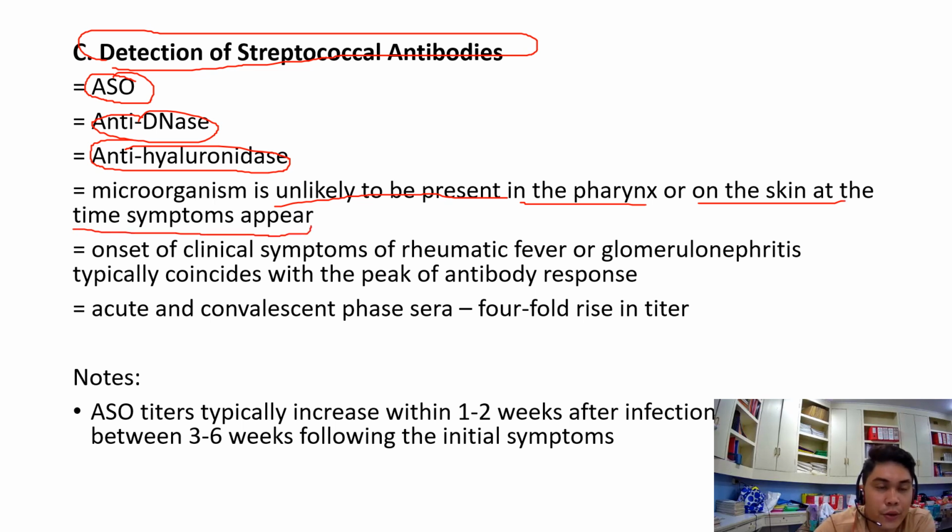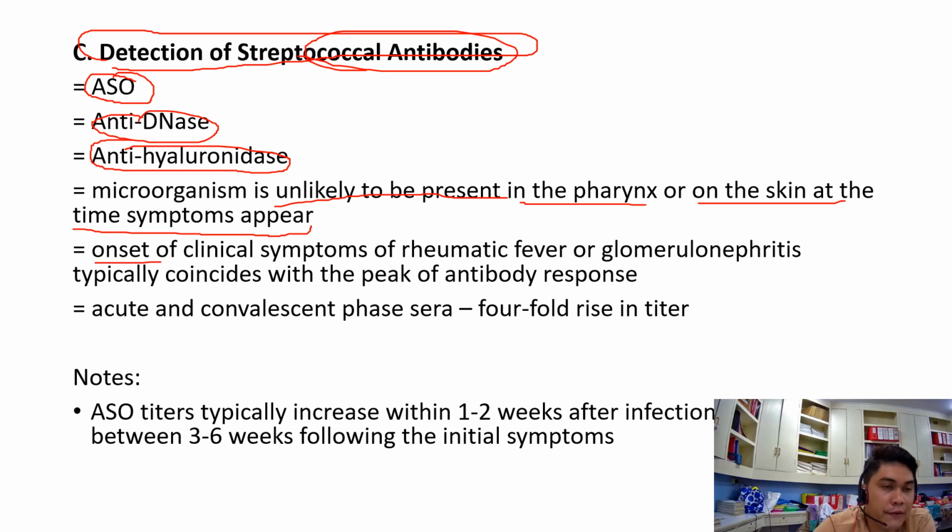So you cannot perform throat swab culture or use other specimens in order to isolate strep pyo. The alternative is to measure antibodies against strep or antibodies against streptococcal toxins.